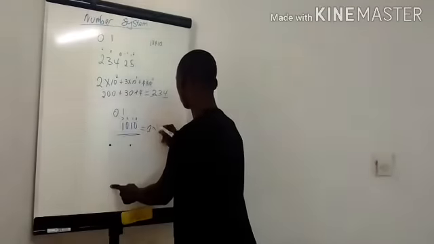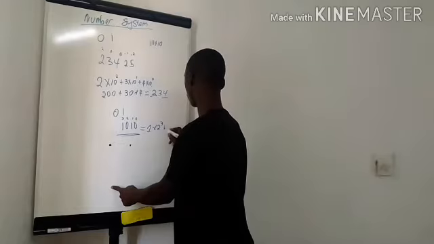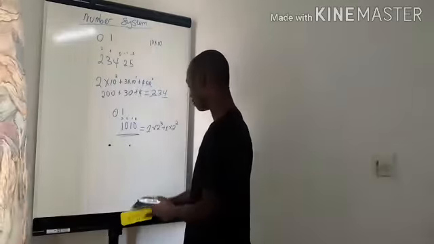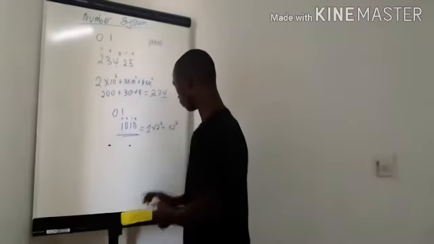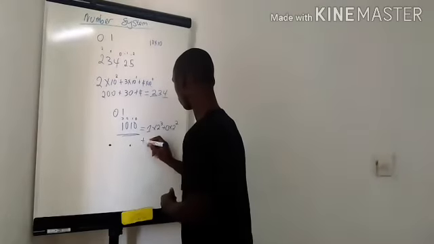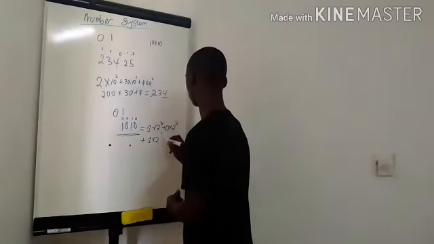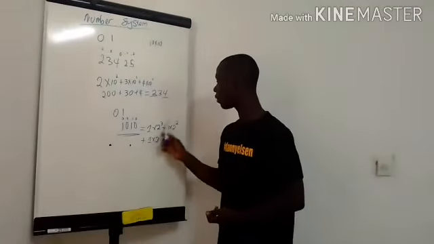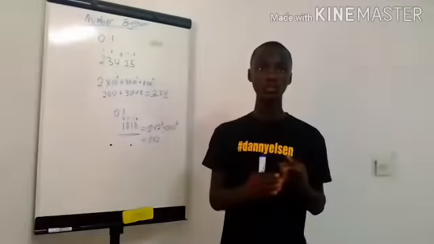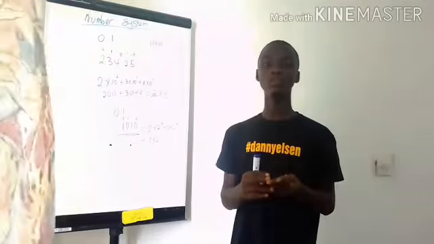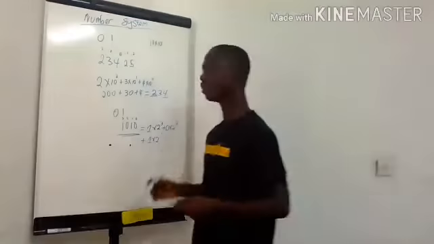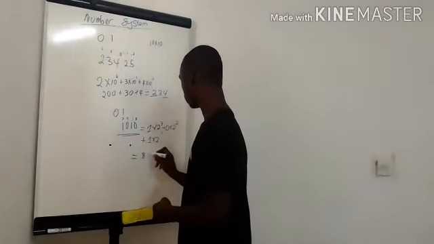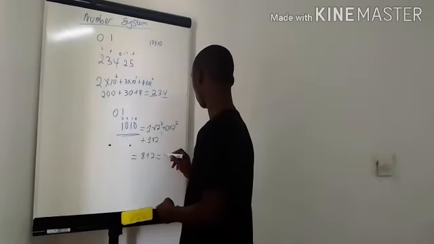So we have 1 times 2 to the power 3, plus 0 times 2 to the power 2, plus 1 times 2 to the power 1. Since the second is 0, everything multiplied by 0 is 0, so we don't include it. Now, 2 to the power 3 is simply 2 times 2 times 2. 2 times 2 is 4, times 2 is 8. So we have 8 plus 2 equals 10.